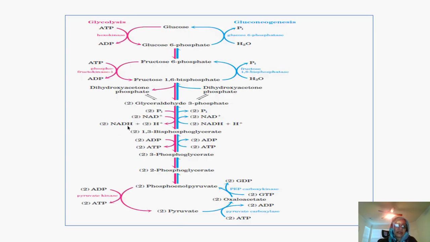Of course, we produce some energy here because this is the main goal of glucose in our cells. Of course, it has some other functions, but the main goal of glucose is to provide us with some energy. Along this pathway, we produce energy in the form of ATP. We also produce NADH. This can also be an energy source when it enters the electron transport chain.